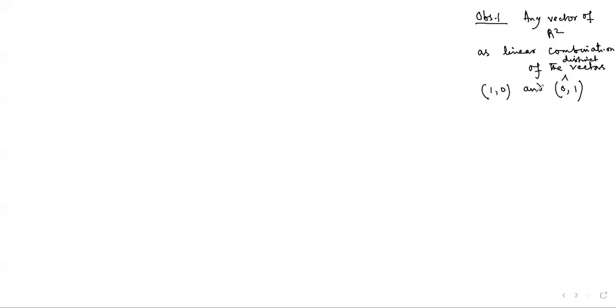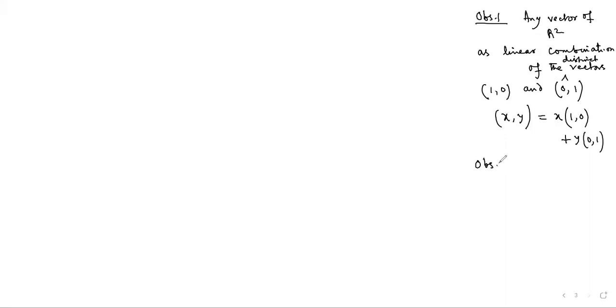So any two-dimensional coordinate can be written as x into 1 0 plus y into 0 1. The nature of x and y is not important.